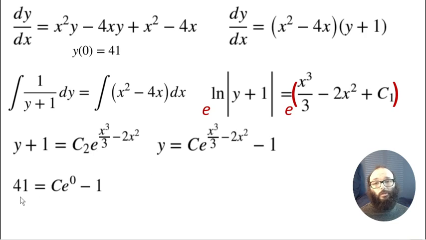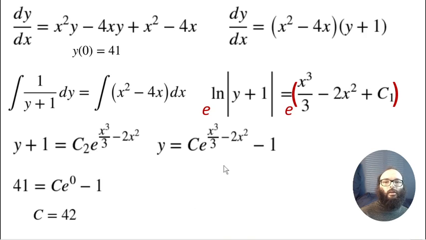And this gives us 41 is equal to c times e to the 0 power minus 1. E to the 0, of course, is just 1, so what we really have is 41 is equal to c minus 1. If we add 1 to both sides, we find out that c is 42, the answer to everything.